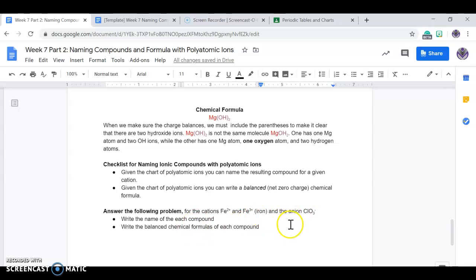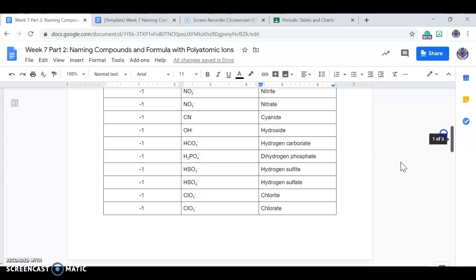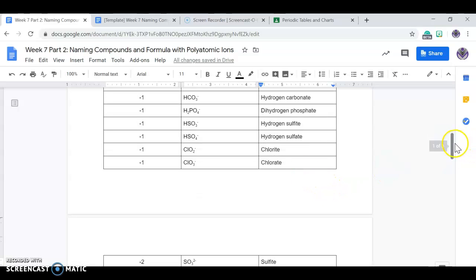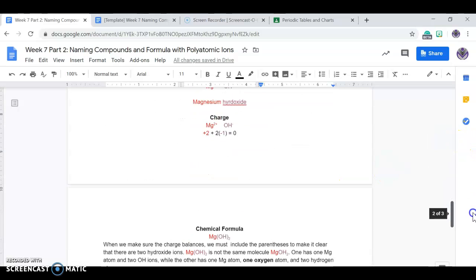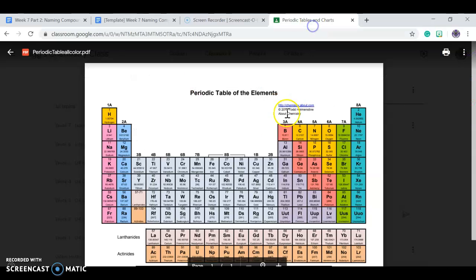So the question I'm asking you to fill in is to name 2 compounds, iron with the anion chlorate. Chlorate is right here in the table. I've given you iron as a cation with a +2 charge and a +3 charge. Remember, iron is a transition metal. It's here, 26.